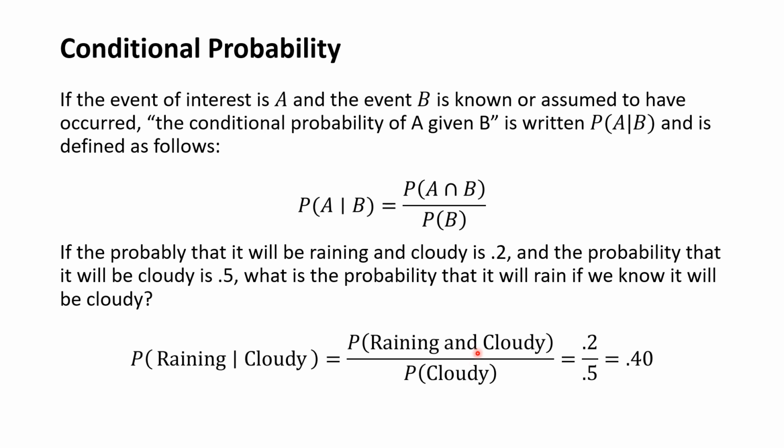And we're given these two numbers, so we just plug those in, and when we divide, we get the probability that it's raining, given that it's cloudy, is 0.4. Okay, so that's a simple example. Sometimes it's a bit harder to find some of these numbers. They're not typically given straightforwardly as they were in this example. We'll see some more complex examples as we go through this lesson.